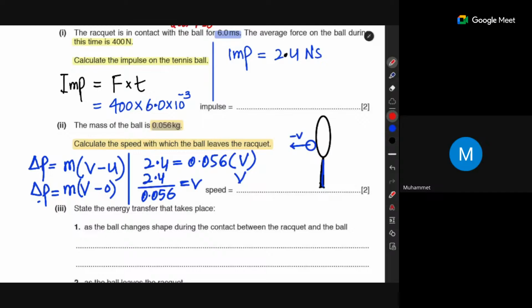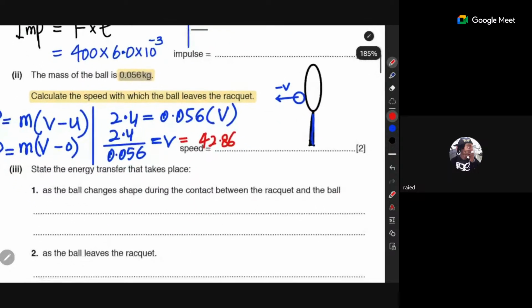Meanwhile, 2.4 divided by 0.056, any one of you please calculate. 42.86. Yes. So the velocity is 42.86. You will not write the entire answer. What will you write, Ariba? Round it off. It would be 43 meters per second. Is this clear to everyone? Clear, sir.